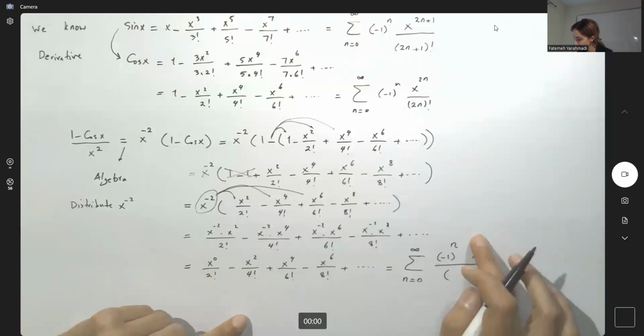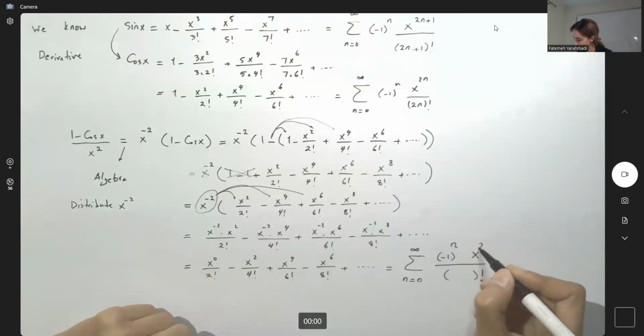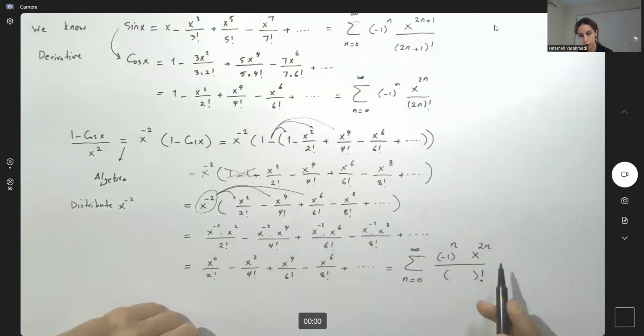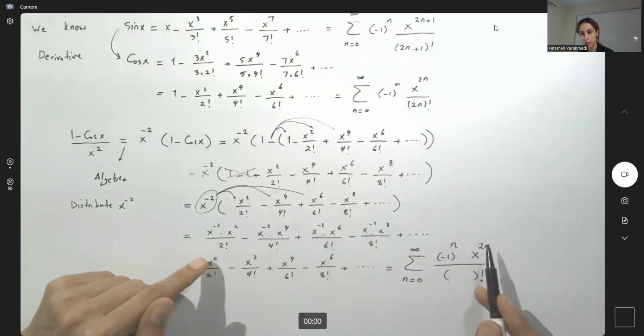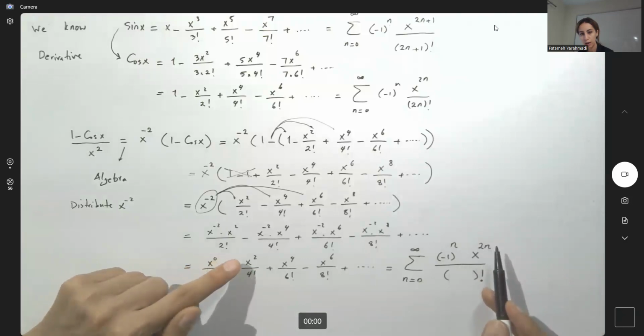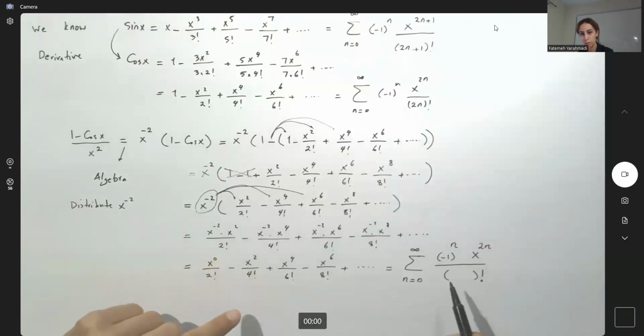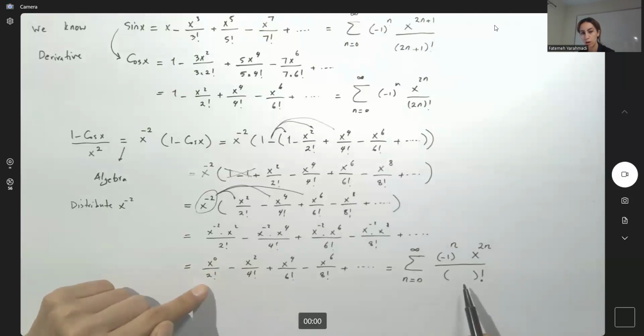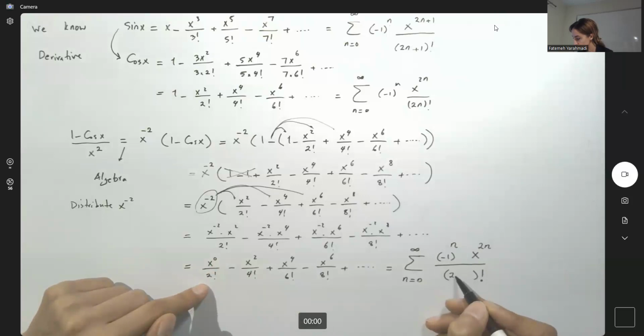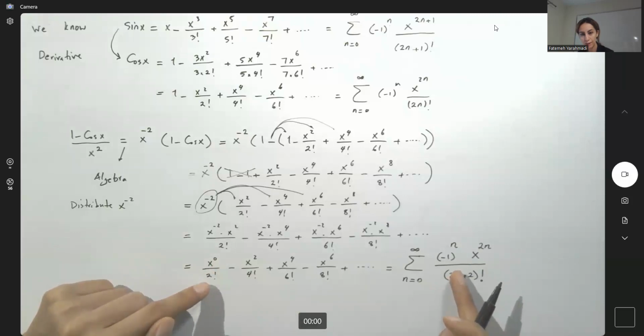What about the exponents? X to the power 2n. So far, so good. If n is equal to 0, you get x to the power 0. If n is equal to 1, you get x to the power 2, and so on. But what about the denominator? The denominator is 2 factorial, right? So it should be (2n plus 2) factorial. When n is equal to 0, you get 2 factorial.